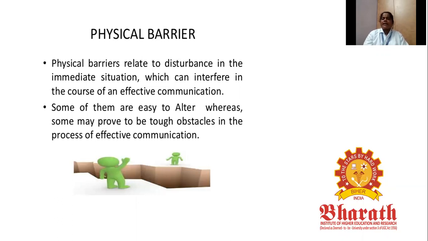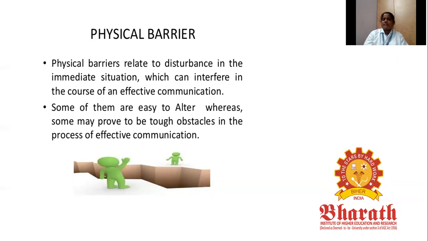Physical barriers relate to disturbance in the immediate situation. If I talk to you nearby and there is a radio sound or music, that is a disturbance in your communication. In a public place with a crowd of many people, the correct communication does not reach the receiver.